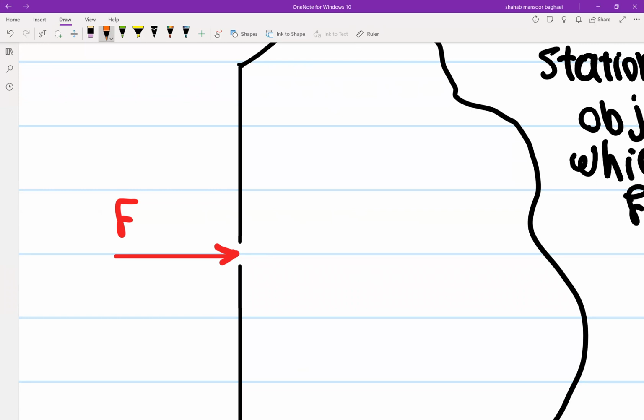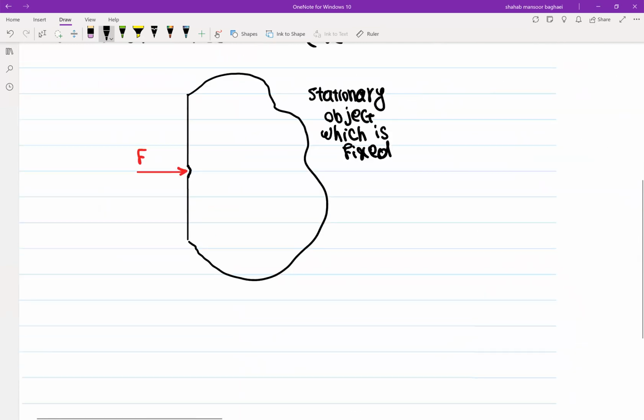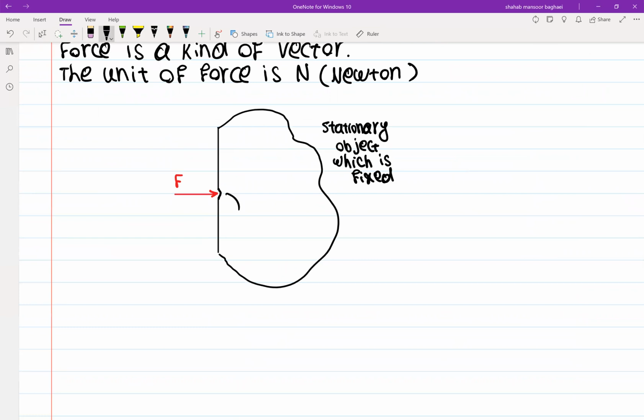Similar to this. Like this. This is deformation.